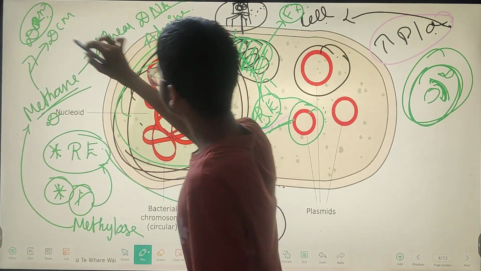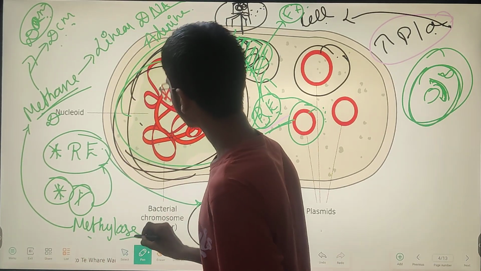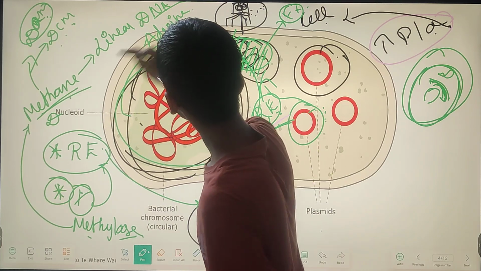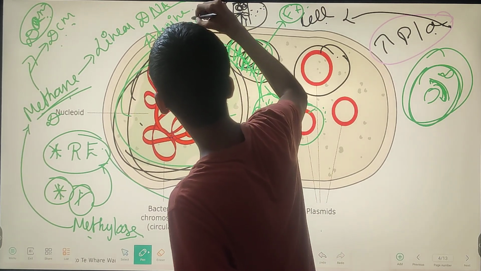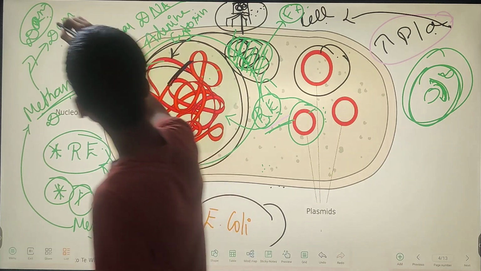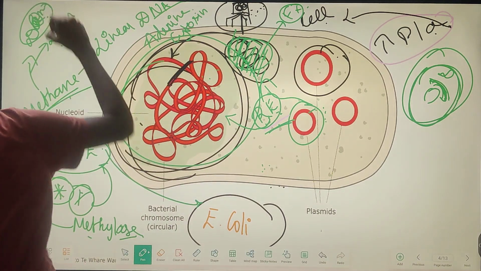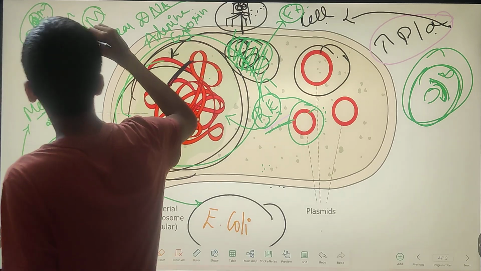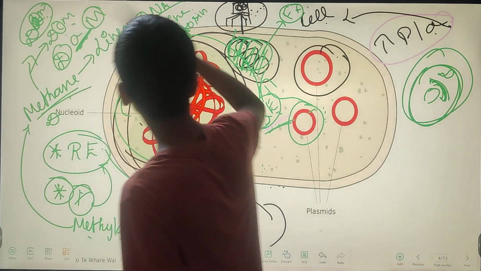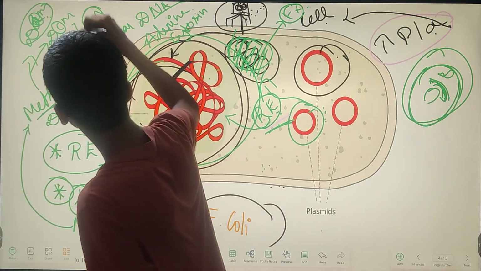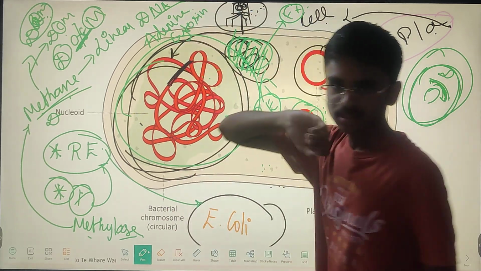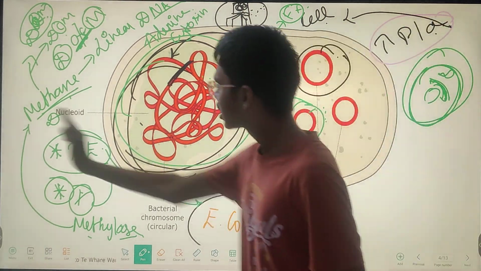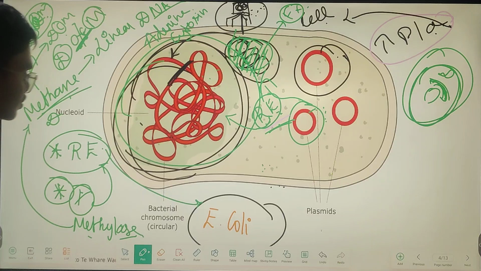Now this DCM methylase will be adding a methyl group to the cytosine, C and then A. The D and M are constants. The center letter, A, will be varying. If A is there, then it will be adding to adenine. If C is there, then it will be adding to cytosine. So this is the total thing.